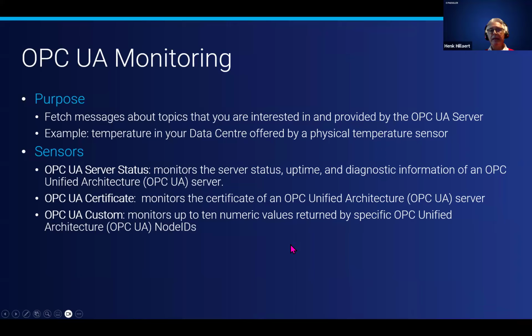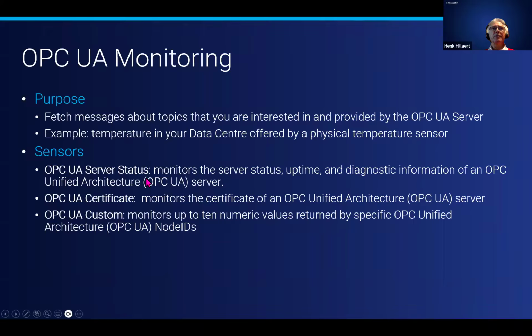OPC by itself has a few versions, and Paessler only focuses on UA, so that's why we don't see the other OPC versions. And again, the OPC versions are not interchangeable. So if you have an older kind of device, then you may have to activate one of the other protocols that are offered by that device. We have 3 sensors.